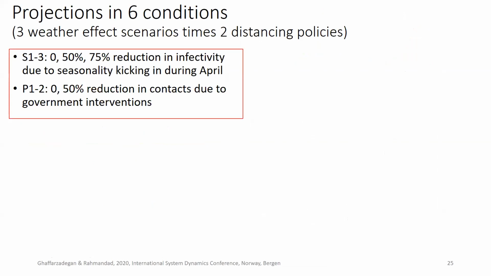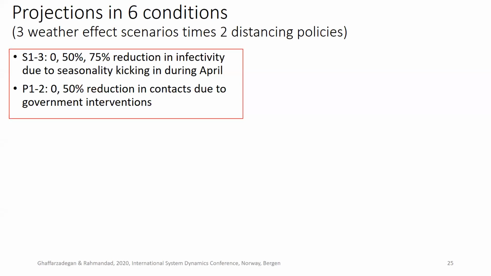So having the model, we do policy analysis. We have 3 scenarios for temperature effect. Back then, we didn't have good estimation for effect of temperature. Later, Hajir and I, with several other colleagues, did research on that topic too. But in this paper, we have 3 scenarios for weather effect and 2 social distancing policies.